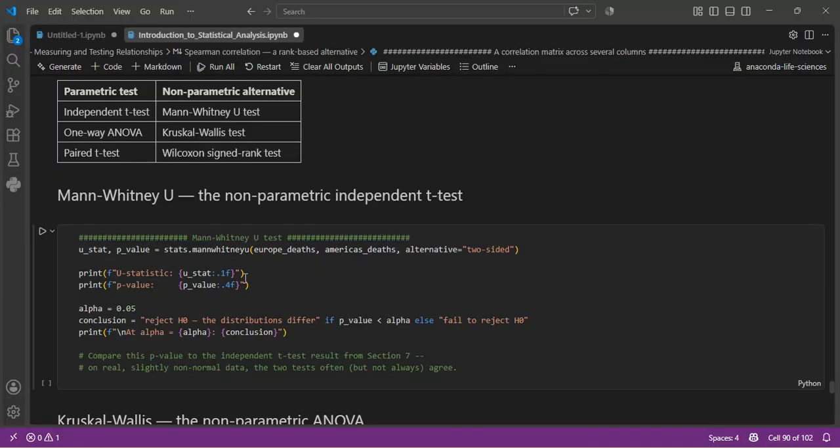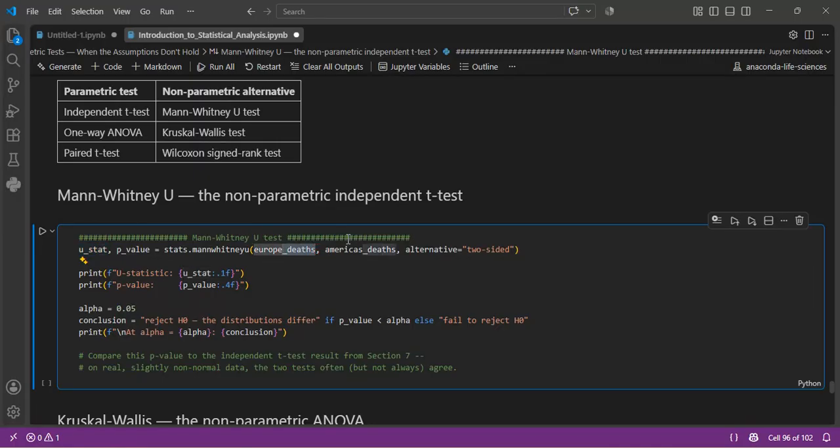Here you see that you have the Mann-Whitney U test, that's the U stat, then the P value, and the statistic value for the differences in the mean. We are comparing Europe deaths and American deaths, and we are setting the alternative equal to two-sided, because it's an alternative for the independent t-test.